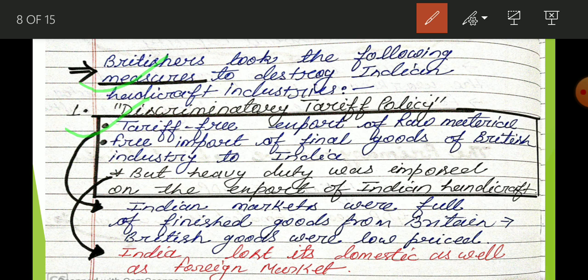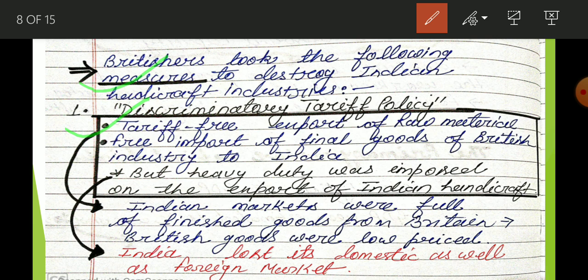There was no tax on this raw material, so this is known as free export of raw material. There was no export duty, so they were able to get raw material at the least price, at cost price.